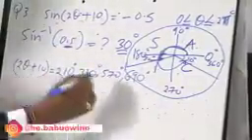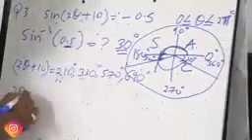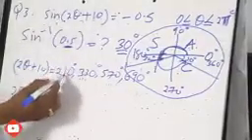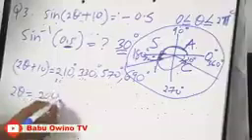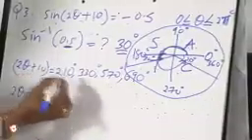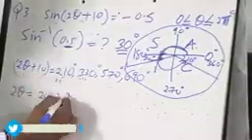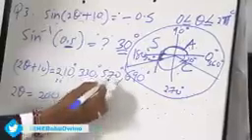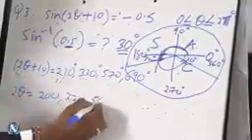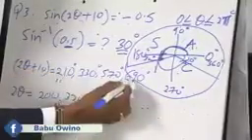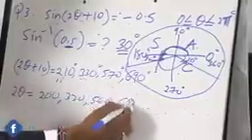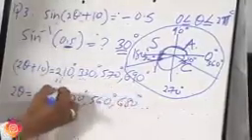Therefore, when we open this, we get 2 theta equals, when 10 crosses the other side, 200, because it is 210 minus 10. 330 minus 10 is 320. 570 minus 10 is 560. And finally, 690 minus 10 is 680. They are in degrees.